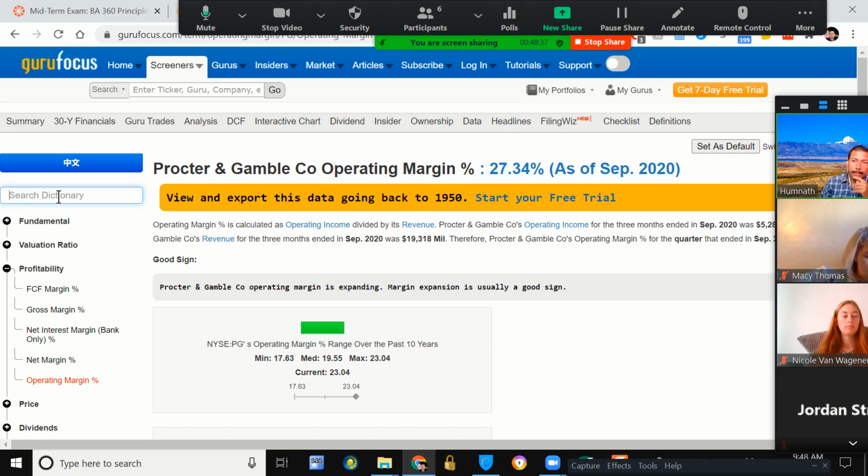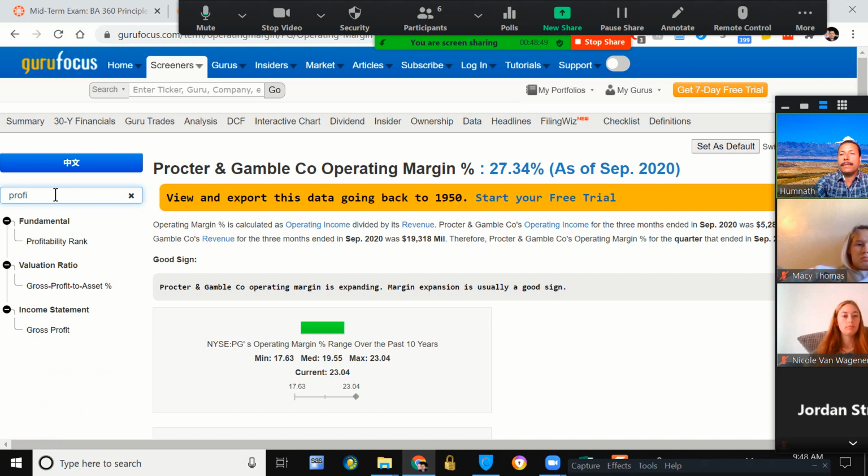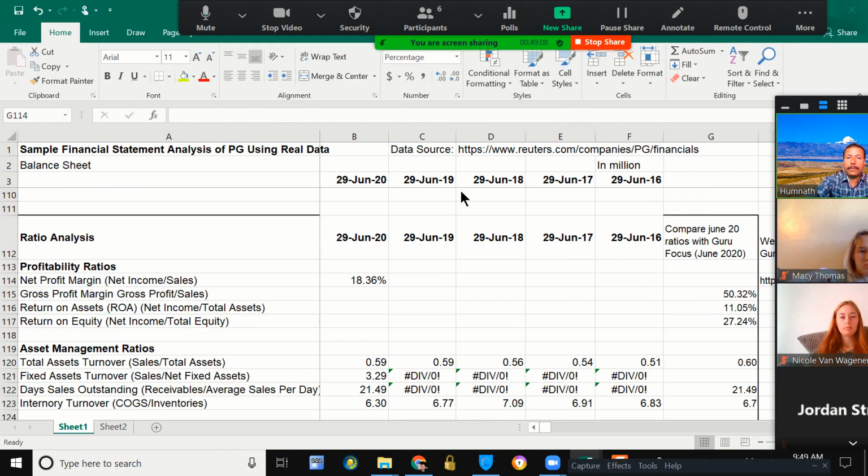In our case, we want to find out profit margin, right? So I'm going to type profit margin. When I type profit, it's showing gross profit to assets, profitability rank. So let me make sure that's what I'm looking for. I'm checking, just to make sure, net profit margin.